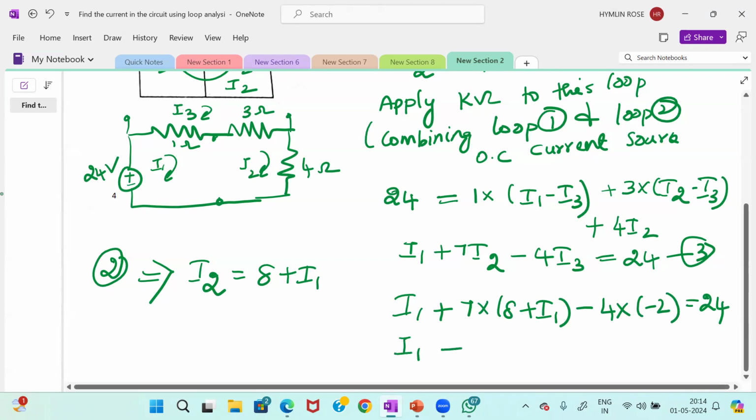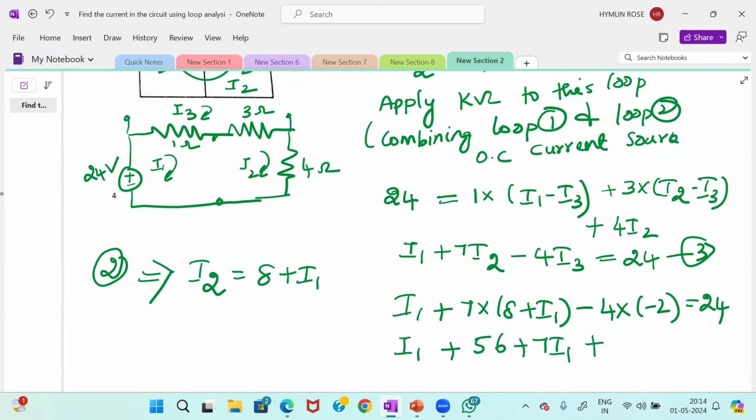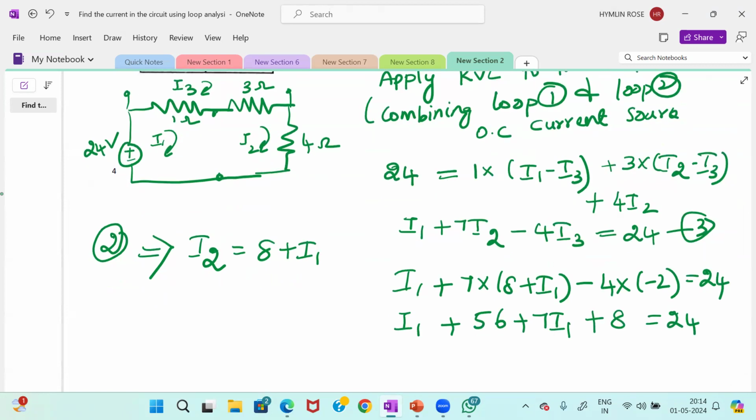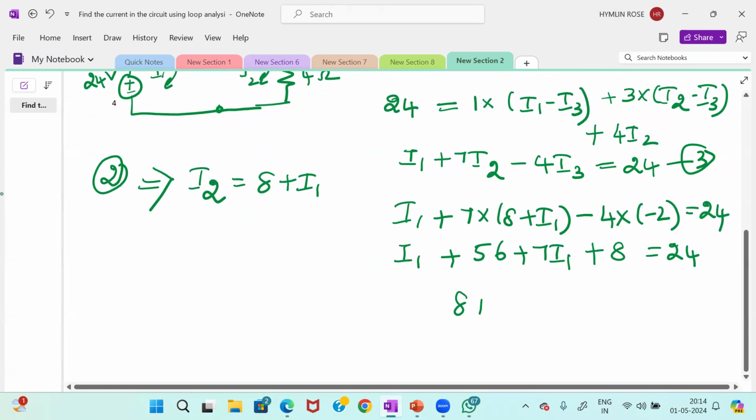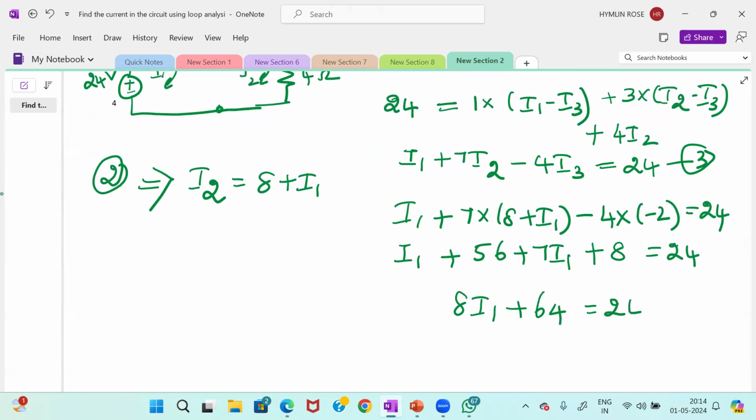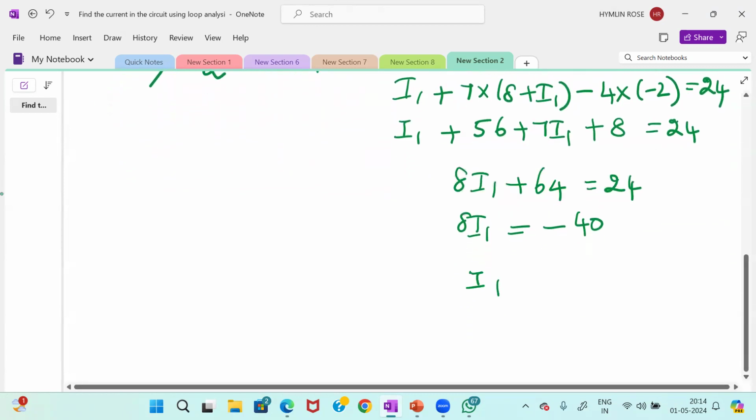So I1 plus 8 sevens are 56, plus 7 I1, plus 4 twos are 8, minus into minus is plus, equal to 24. So 8 I1 plus 56 plus 8 becomes 64, equal to 24. So 8 I1 equals 24 minus 64, which is minus 40. And the value of I1 equals minus 40 by 8, which is minus 5 ampere.